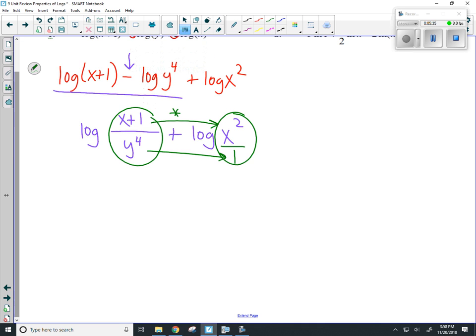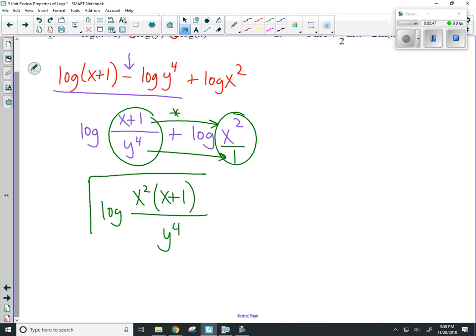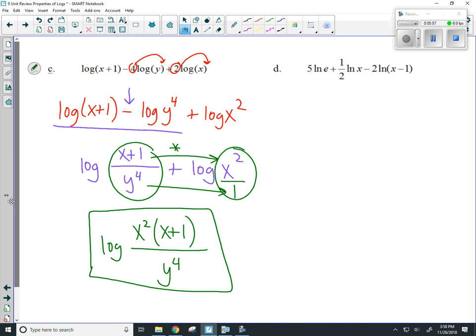So there's no reason to multiply out the x squared unless you really want to. I'm just going to leave it as x squared times x plus 1. The denominator is y to the 4th, and we need that single log out in front. And if you wanted to check this one, just plug in two different numbers, one for x, one for y, and go from there.